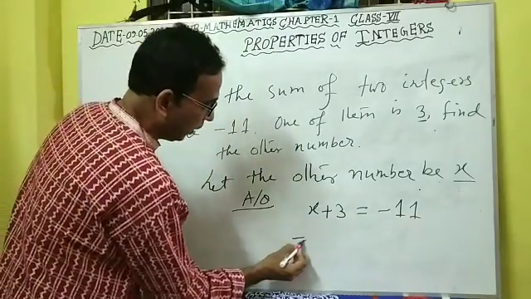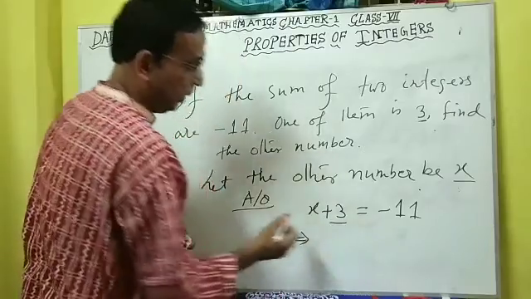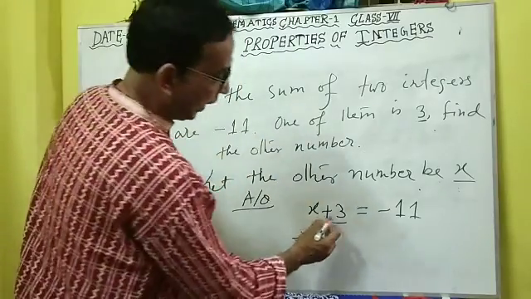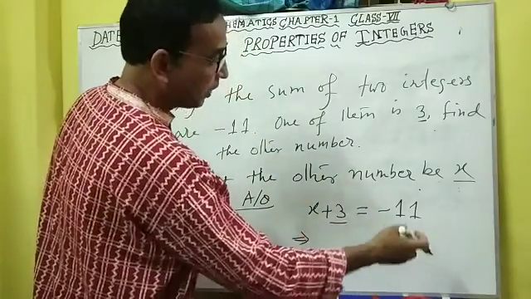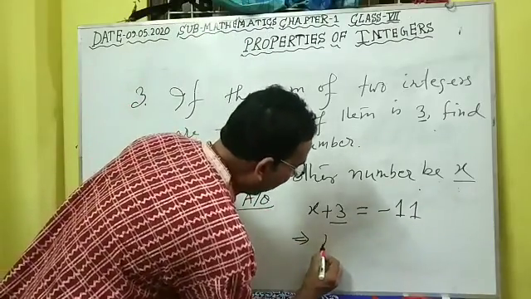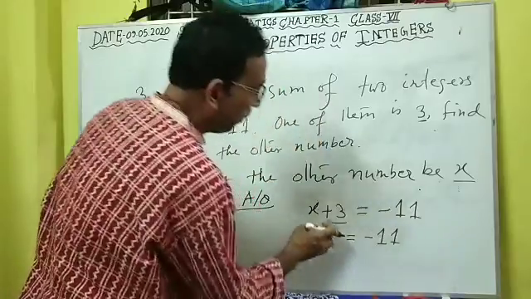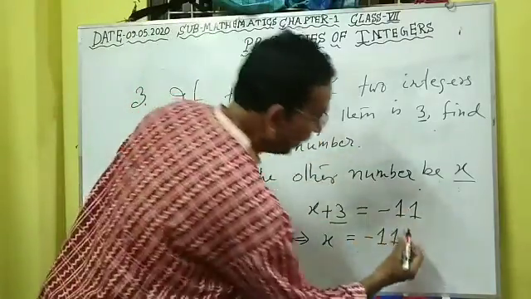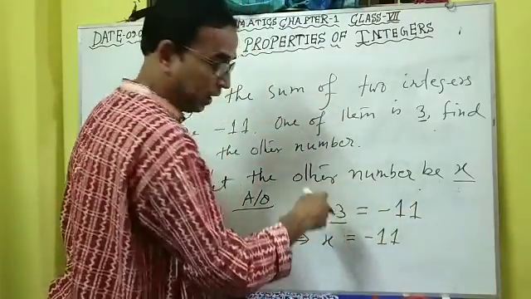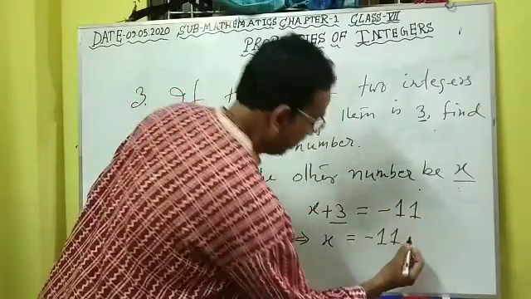Now plus 3 has to be transposed to the other side. So x is equal to -11 minus 3, because plus 3 becomes minus 3 when it is transposed to the other side.